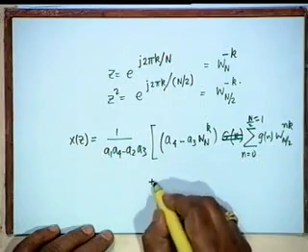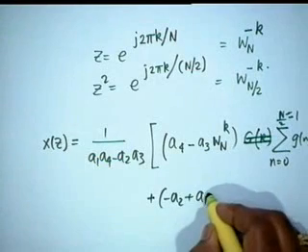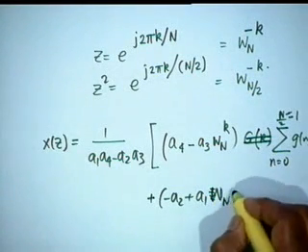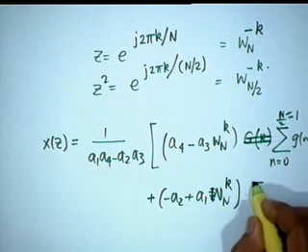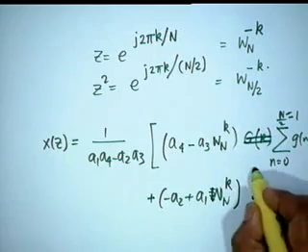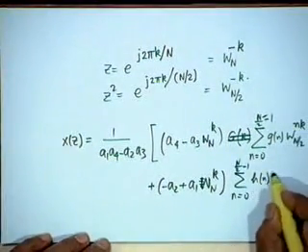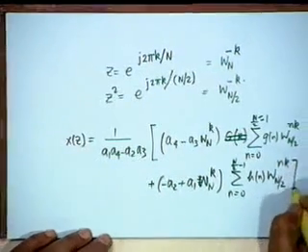Then the second term plus minus a2 plus a1 z inverse, not z inverse, wn raised to the power k, summation n equal to 0 to n by 2 minus 1 h of n w n by 2 to the power nk.